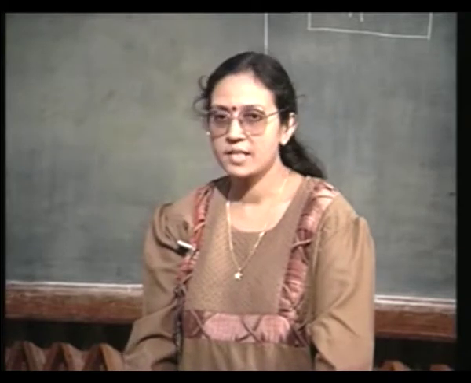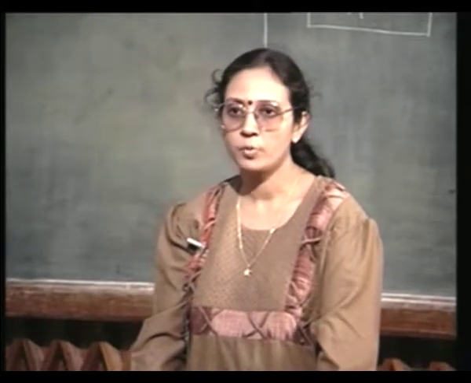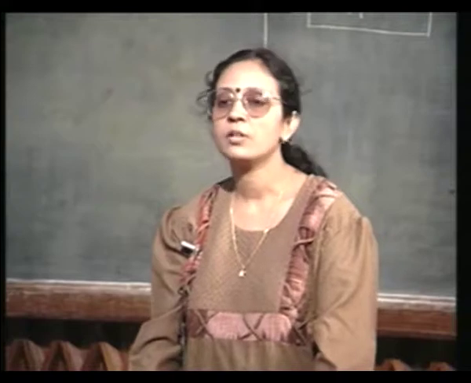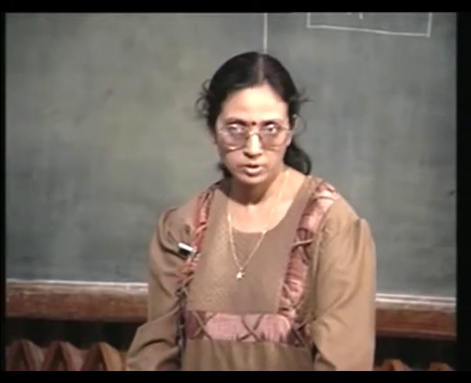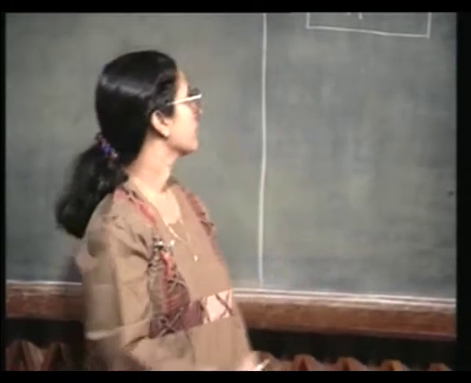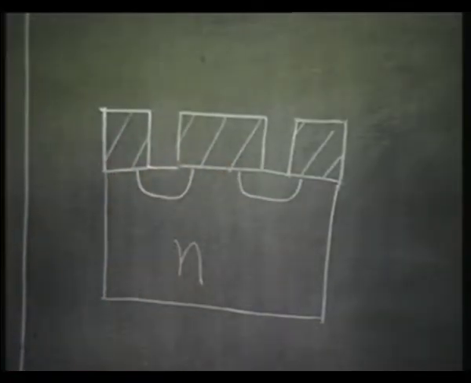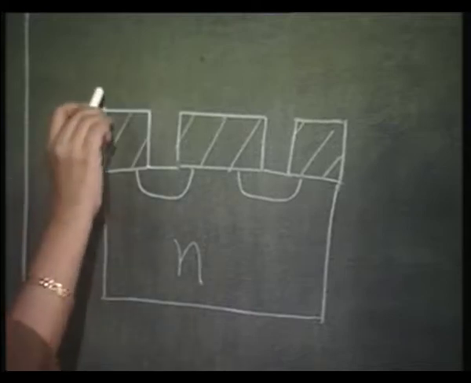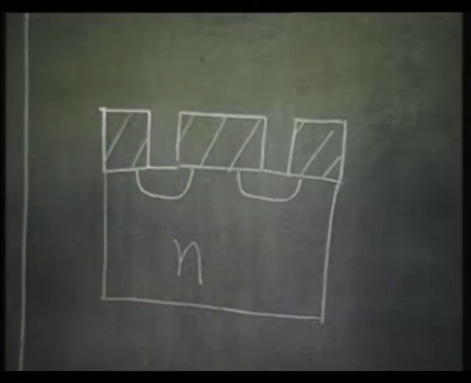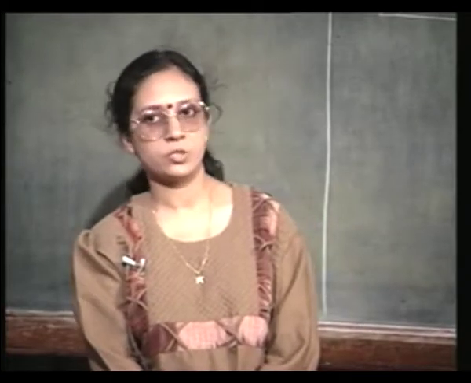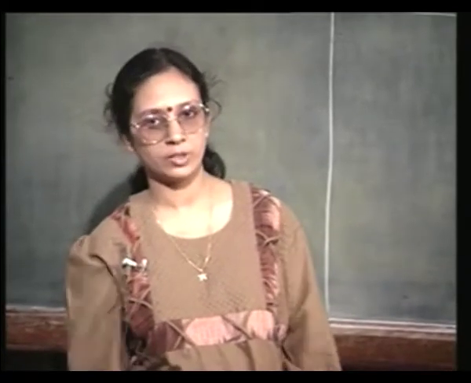In the next step, you again grow or deposit another thick oxide. Either you grow thick oxide all over again, in which case oxide will predominantly grow over the source and drain, where no oxide is there. Oxide growth will be smaller on the regions where a thick oxide already exists, because oxidation follows a linear parabolic law. Otherwise, you could of course deposit, and if you deposit, it will be deposited uniformly all over the place.